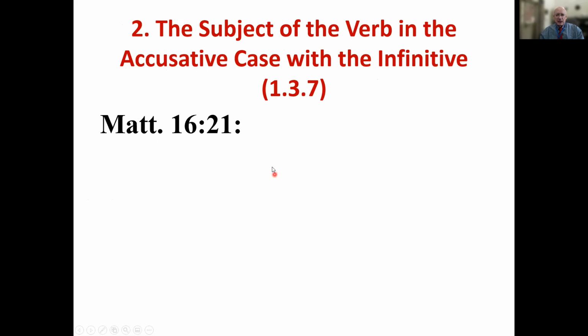Now, the second use of the infinitive is of the subject of a verb in the accusative case with the infinitive. Now, this one looks rather strange to us. And you will find it actually, if you look in K&P, under the accusative case, use number 4.